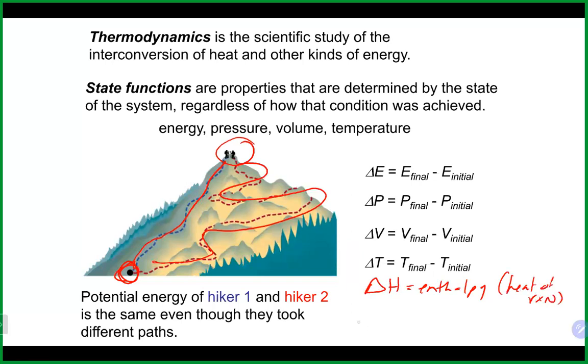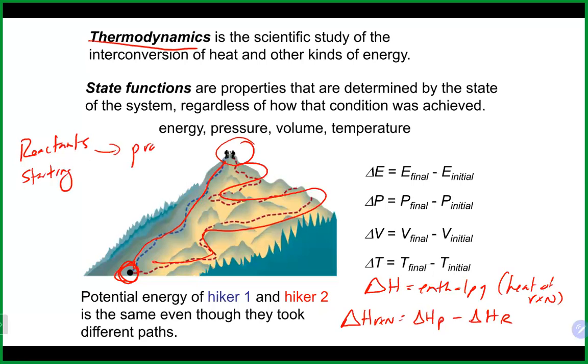We often, in these types of calculations, and also a lot of thermodynamic calculations, take the difference between the products and the reactants values. If you think about a chemical reaction, we have our reactants, which is our starting material, and we go to products, which is the stuff that's formed.